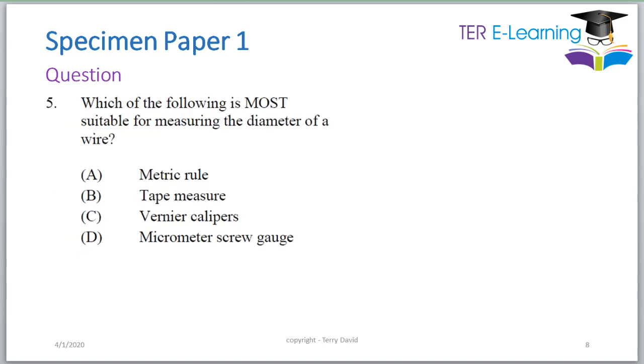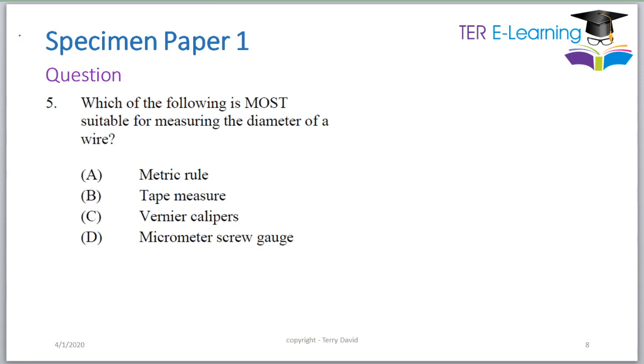Moving on to number 5. Which of the following is most suitable for measuring the diameter of a piece of wire? So you want to know which of the following is most suitable for measuring the diameter of a piece of wire.